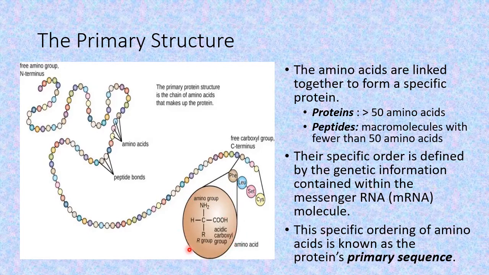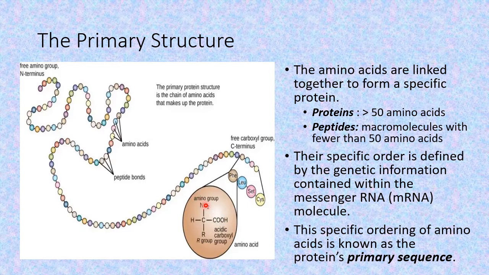And let us revise once again that the amino acid is basically the organic molecule in which there is a carbon atom having both the amino group as well as the acidic or the carboxyl group.